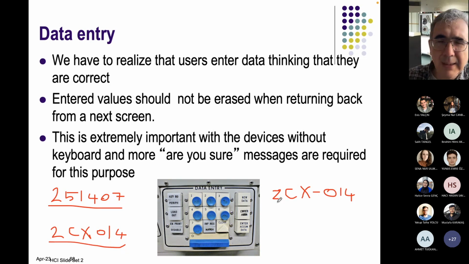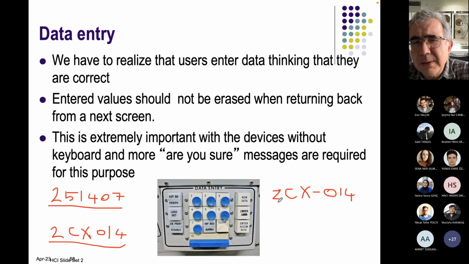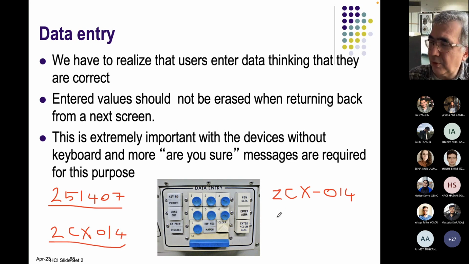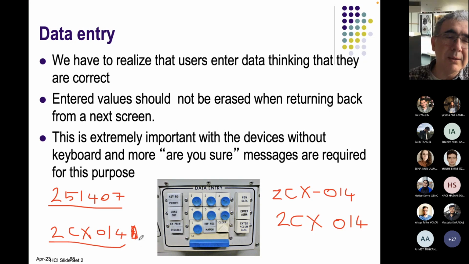This way, you can memorize it a little bit easier. In terms of complexity and guessing, there is no difference, but memorization is now easier. Or 2CX014. It is easier to memorize than this one, because it's more continuous and people have a harder time to memorize it. Memorization is different than guessing.